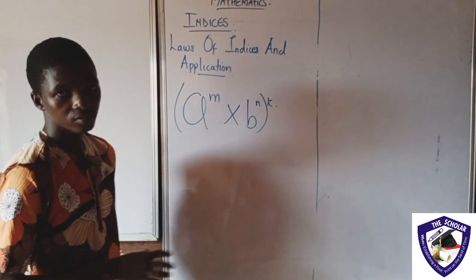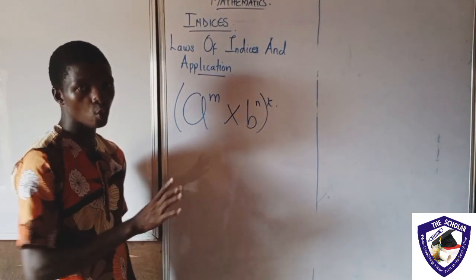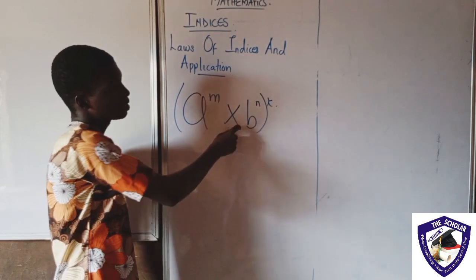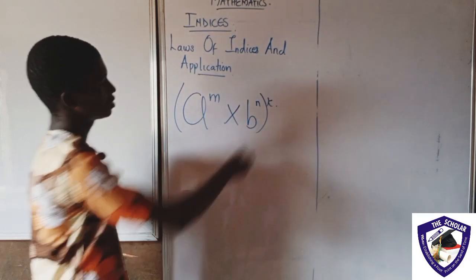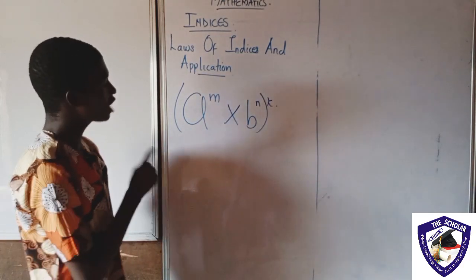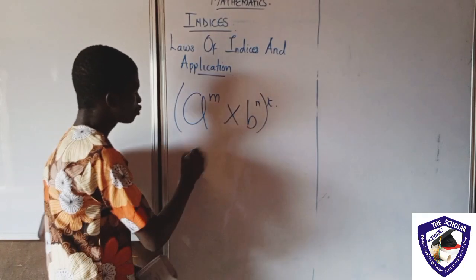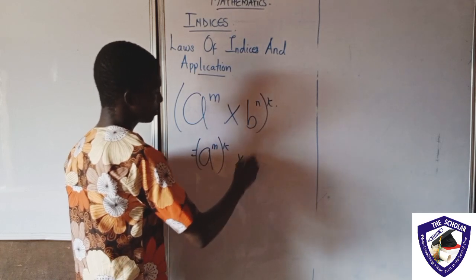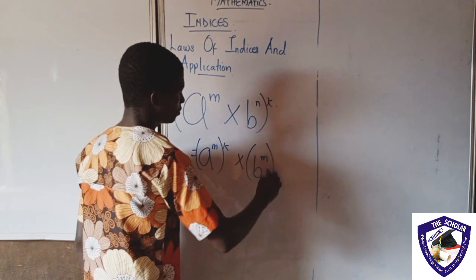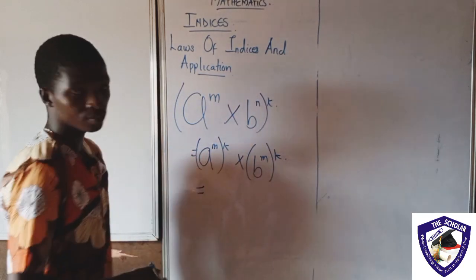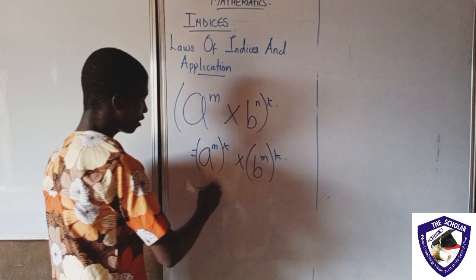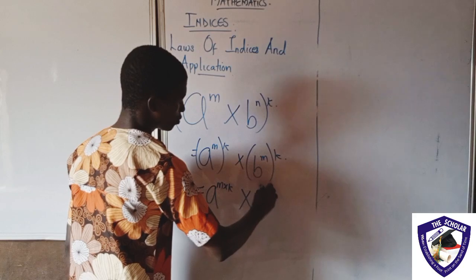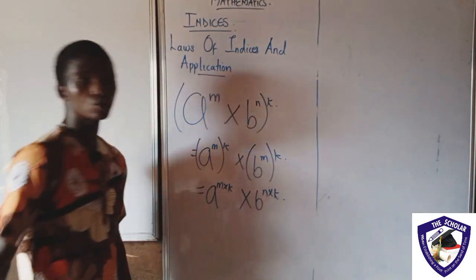This is going far beyond what we have earlier, but quite similar. In our enclosed bracket, you have a raised to power m times b raised to power n, and then k. To interpret this, you have a raised to power m times k times b raised to power n times k, which now looks similar to law number 2. That means you have a raised to power m times k multiplied by b raised to power n times k. And these are used to solve questions like this.